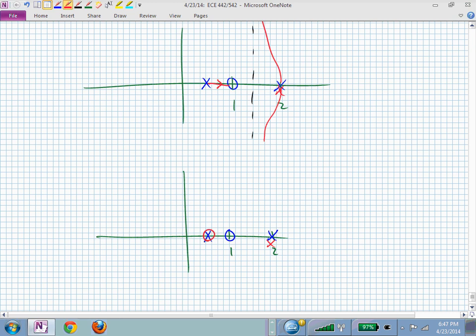Is that okay? Now, effectively, you can just virtually erase that, because it's canceled. Now what's the root locus look like if we virtually erase this? 2 poles to the right of a 0. And these are right on top of each other.